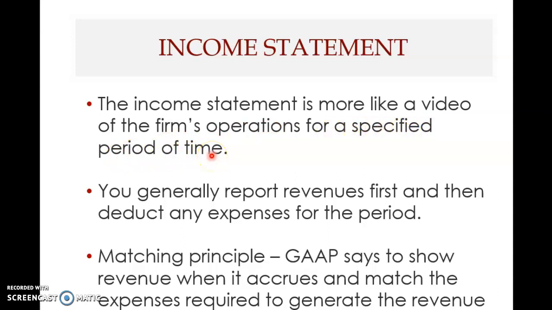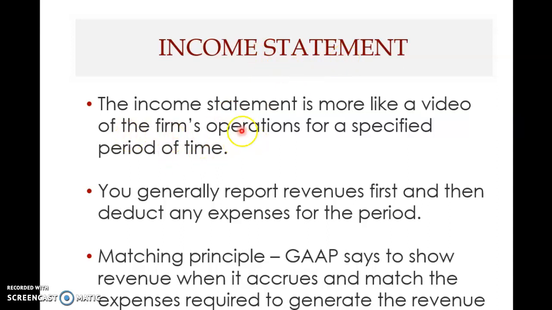That means it does not give you a picture at a point in time. It gives you a moving picture, not a photo but a video, over a period of time. So what does it tell you? It tells you the firm's operations. The idea is, the income statement reflects the firm's performance.